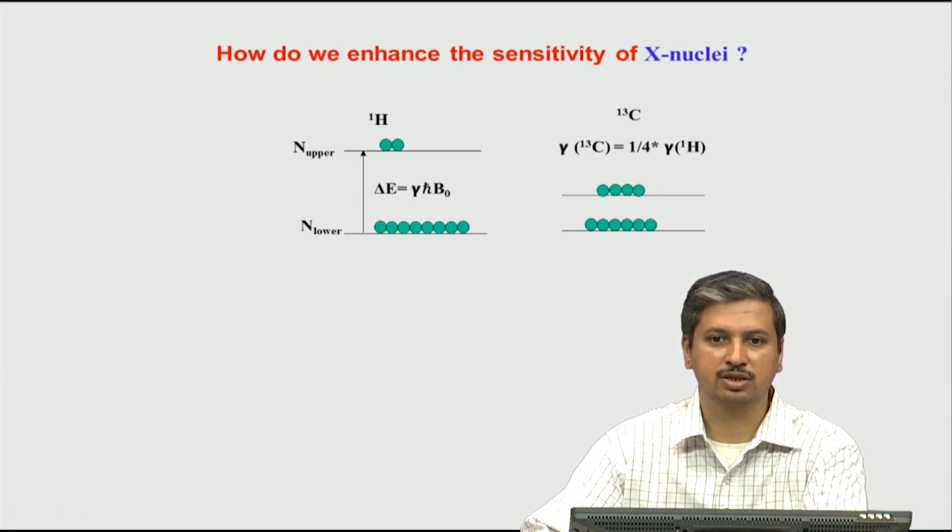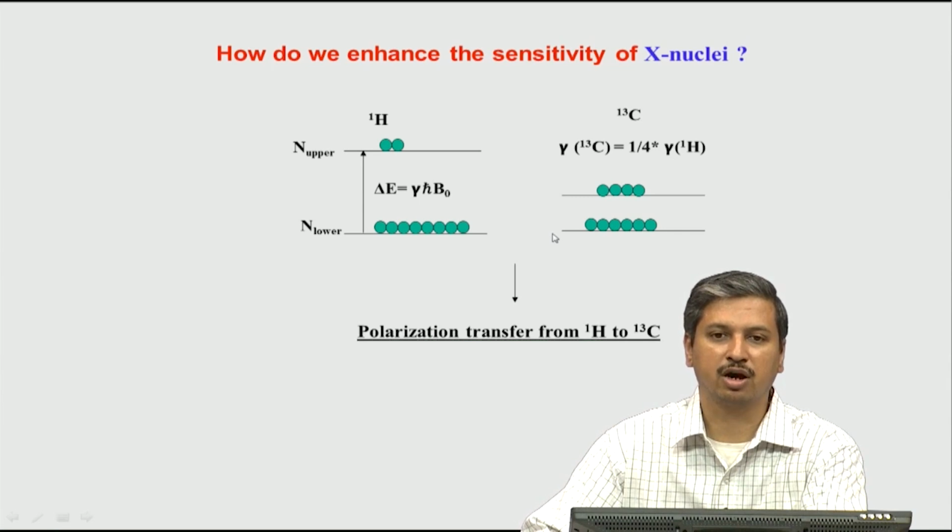Keeping all other factors the same, the polarization, which is the population difference, is directly related to the signal intensity. So, from this you can see that carbon is 4 times less compared to proton because of this reason.